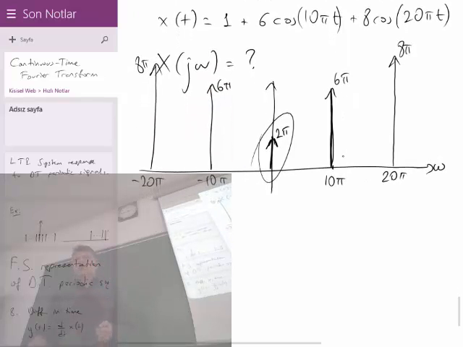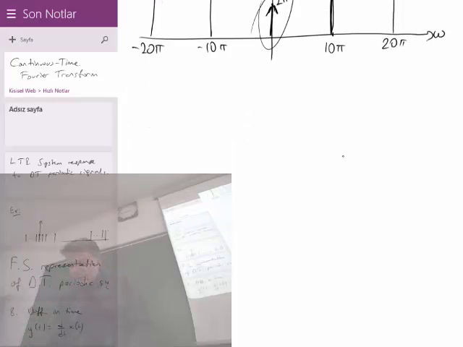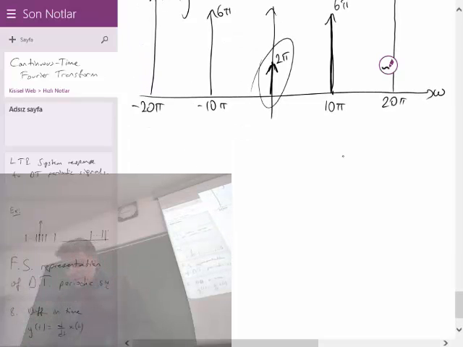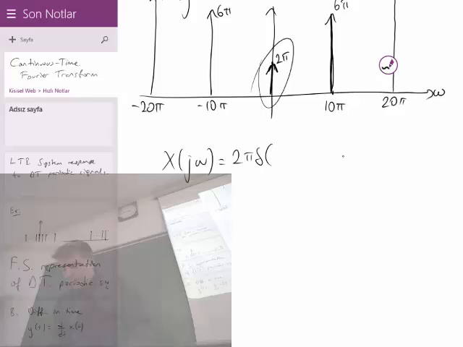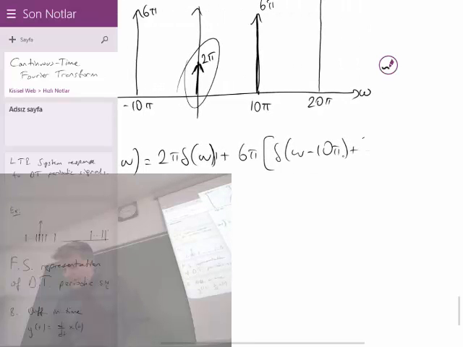Or I may ask you to write it as an analytical expression, not plot, but write down the expression. Then you have to tell me this. X of j omega is equal to 2 pi delta omega plus 6 pi in parentheses delta omega minus 10 pi plus delta omega plus 10 pi, which are two impulses at 10 pi, the first one, and minus 10 pi, the second one.